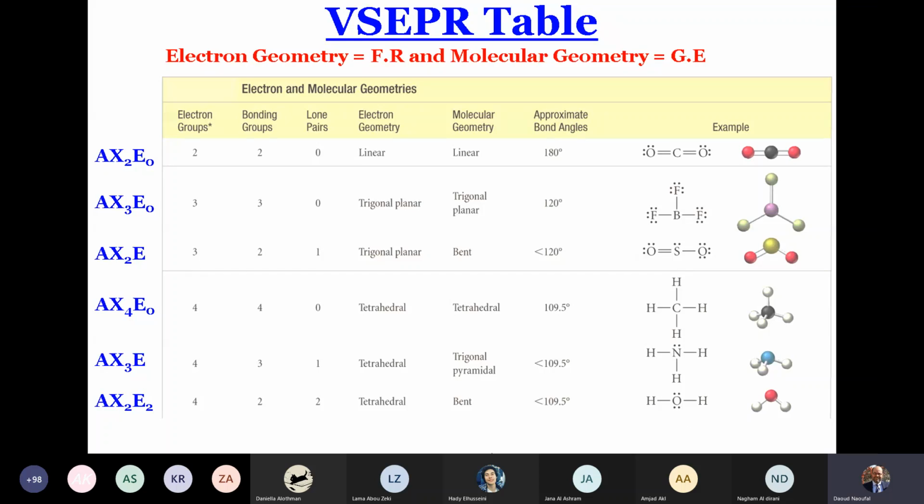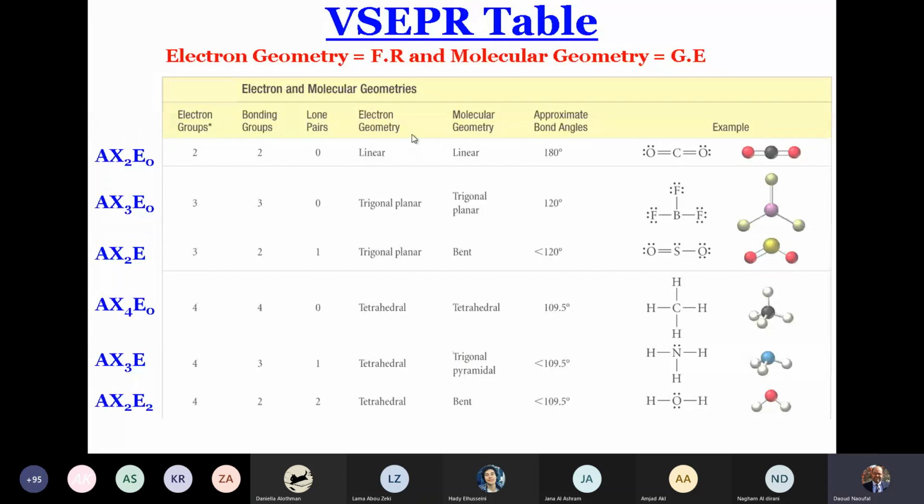Consider H2O. Draw Lewis. This is the best form. AXmEn is identical to AX2E2. EP, we count all pairs, so EP equal 4. In this EP equal 4, we have 2 bonding pairs and 2 non-bonding pairs.